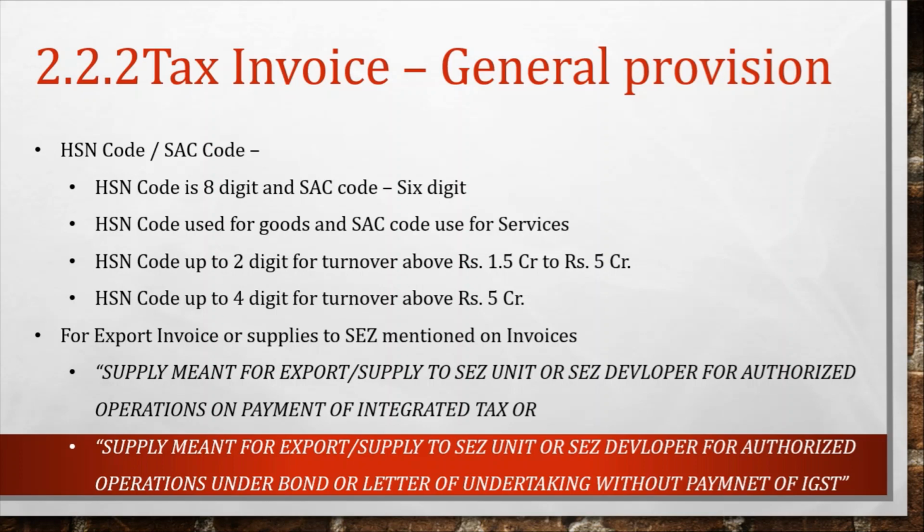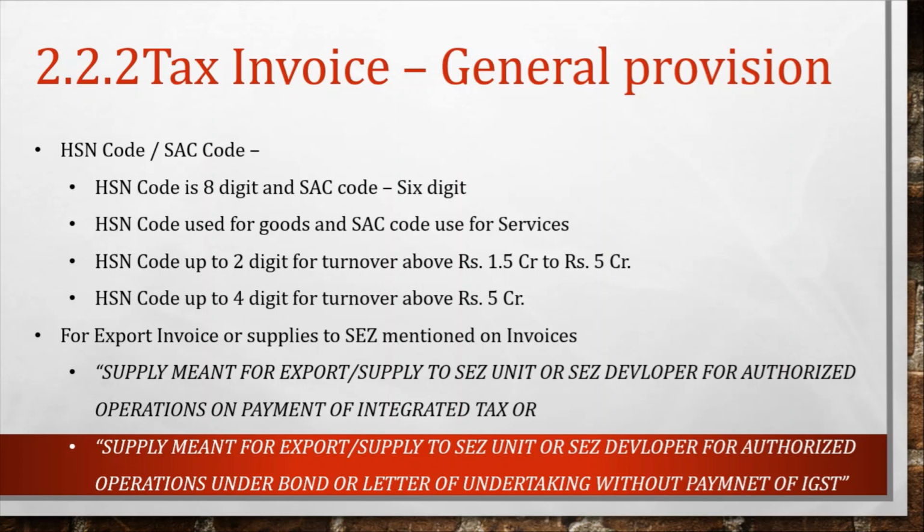But there is a requirement that in every invoice, if the supplier has a turnover of more than 1.5 crore up to 5 crore, he has to mention 2 digits of the HSN code, and if turnover is more than 5 crore rupees, he has to mention 4 digits of the HSN code.